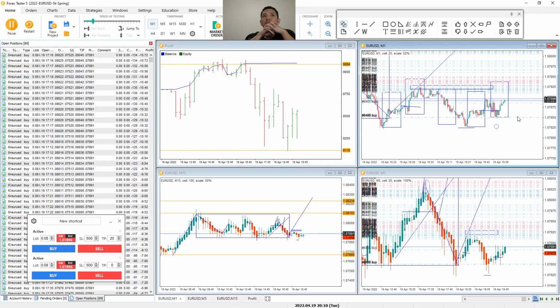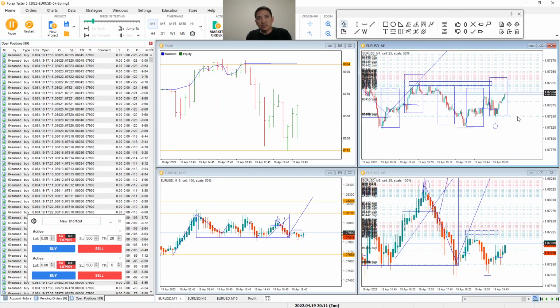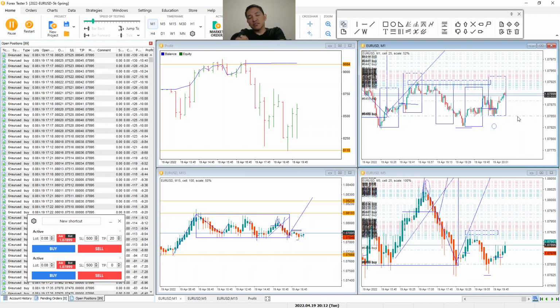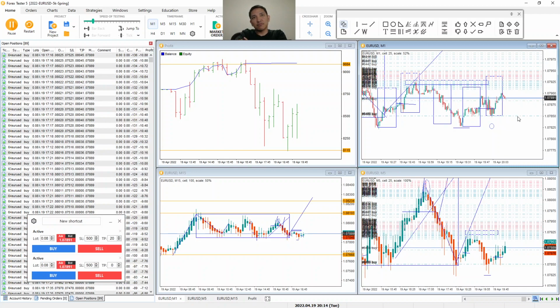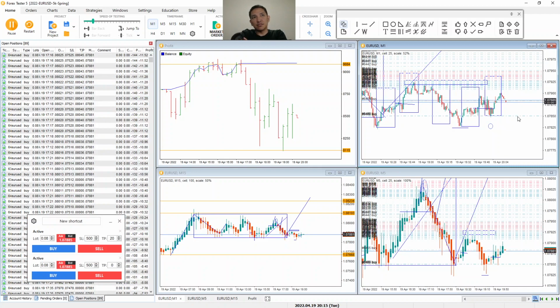Basically doji, and then this is a strong buy signal on the 5. On the M15, it's a turn doji up, but until that turns into a strong buy on the 15, we're still in the danger zone.